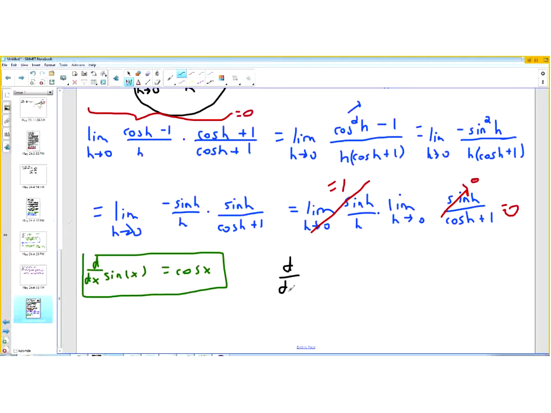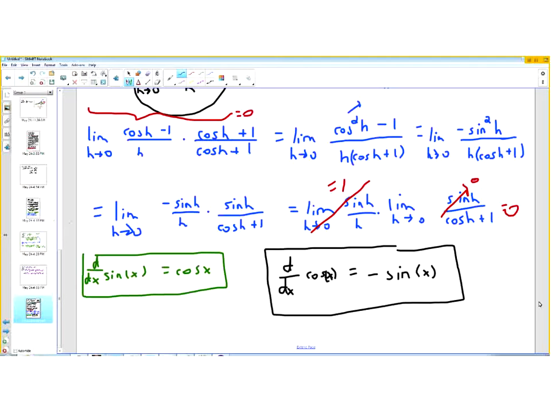I'll write the formula, and I'll have an expectation that you'll be able to prove this. The derivative of the cosine function is equal to minus the sine function. I'm going to use this result in deriving the derivatives of the other trigonometric functions, which comes next.